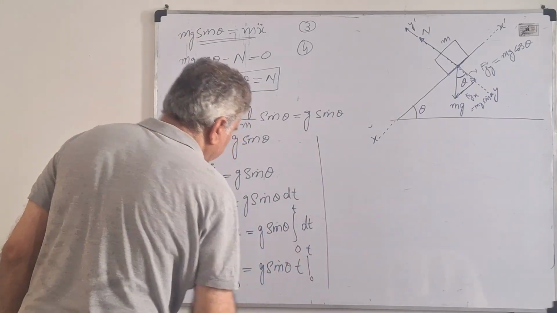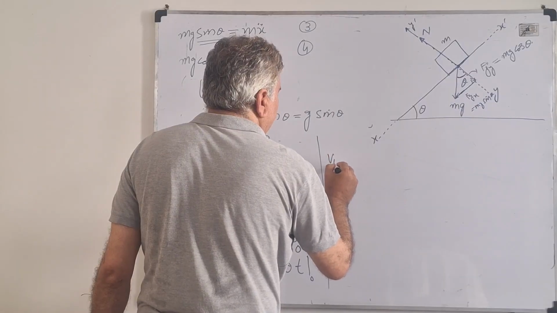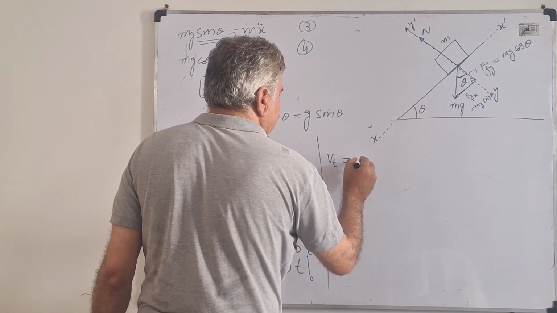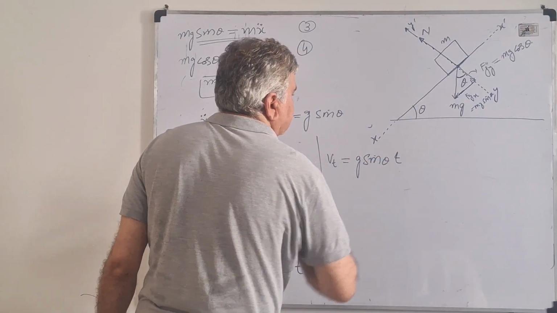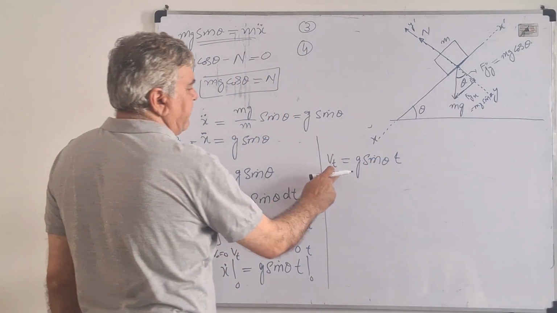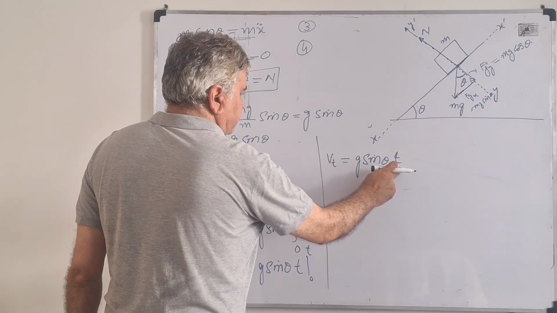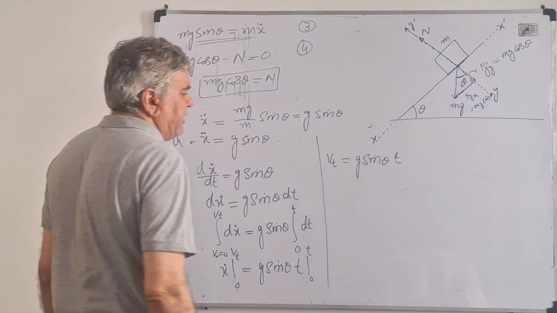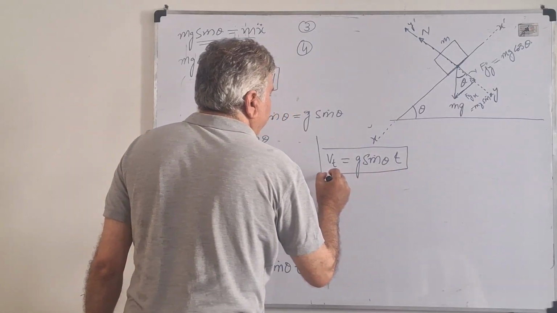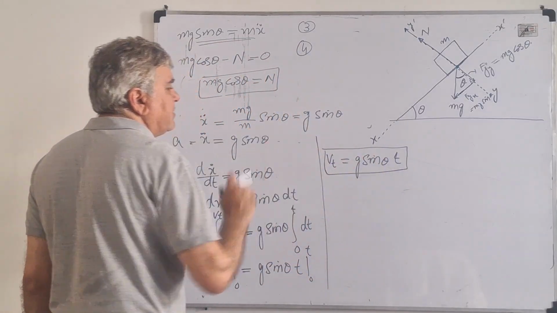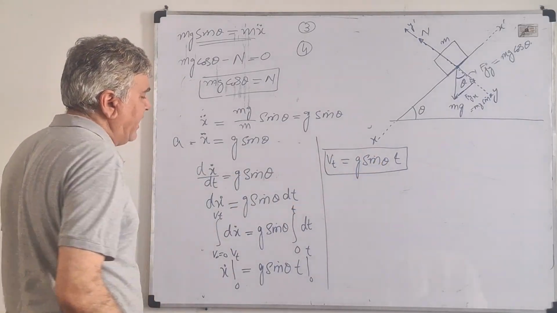So if I put the limits, that gives me v at t equals g sine theta times t. So this equation tells us the velocity at any time t, where this is the acceleration. So that means we found velocity as a function of time. So we can find the velocity at any time using this one equation.